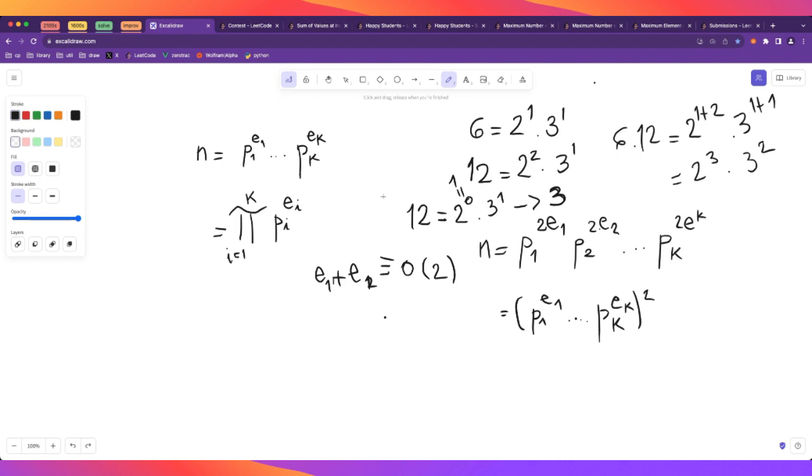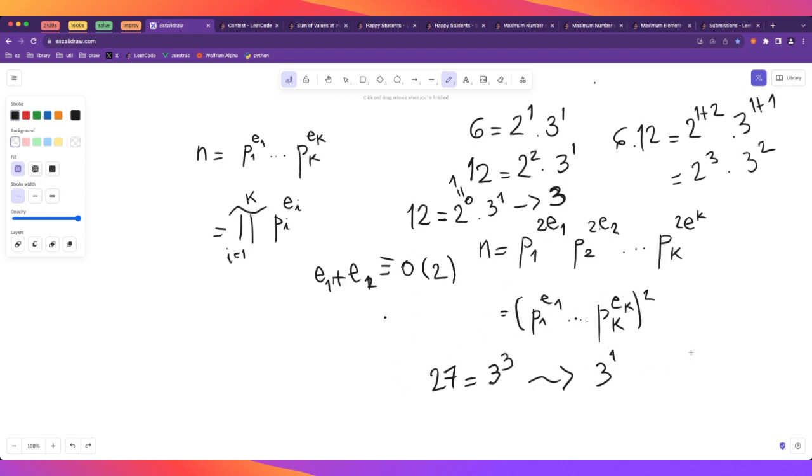And why do we do that? Because if we get another number that also has that representation, for example, 27, which is 3 to the 3, which we are going to represent as the prime up to the exponent mod 2, that means that 12 and 27 have the same representation that we just devised.